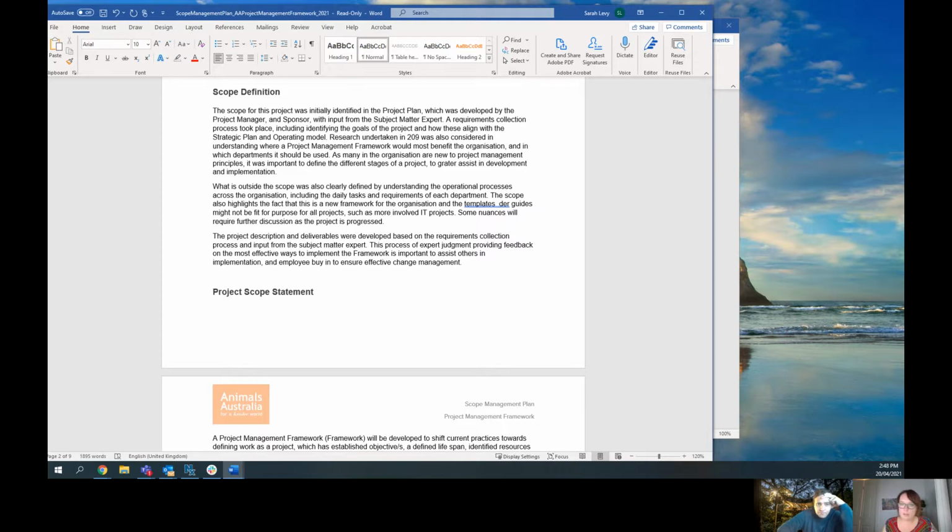Yeah. Out of scope is general everyday work, so things that don't have a beginning and an end date, and also anything that is highly technical. So other projects that we have in the governance space around IT development, that's going to take probably a bit more of a specific approach, and we'll, I guess, deal with that as we implement the more highly technical projects.